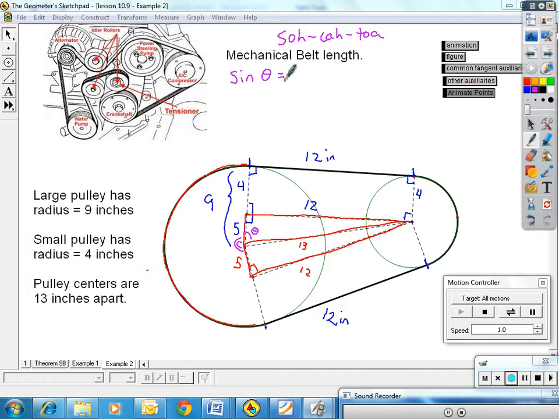So opposite of that angle is 12 over the hypotenuse is 13. That means theta equals the inverse sine of 12 over 13. So we'll pull out our calculators and do the inverse sine of 12/13. And I get for a degree measure 67.4 degrees.